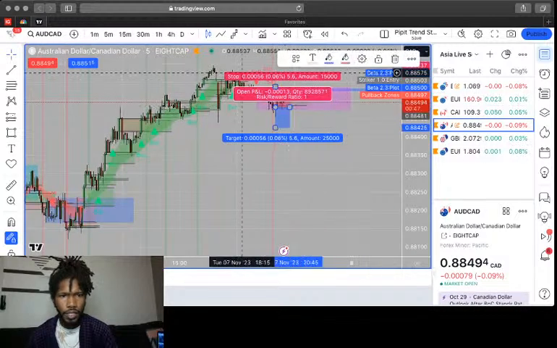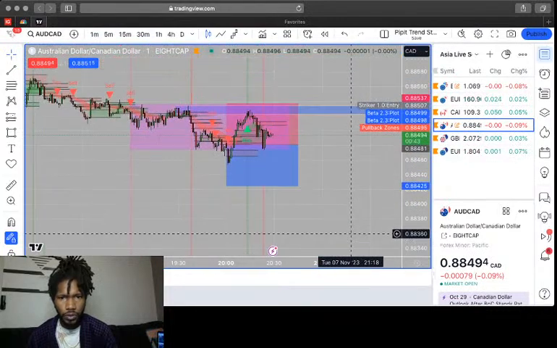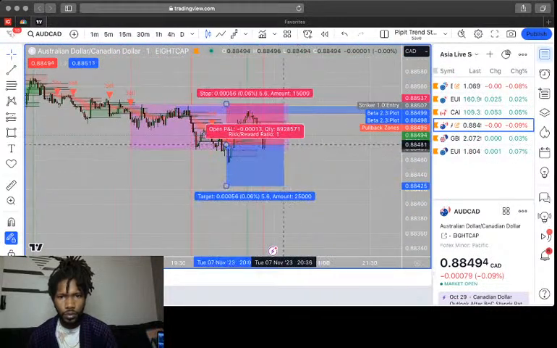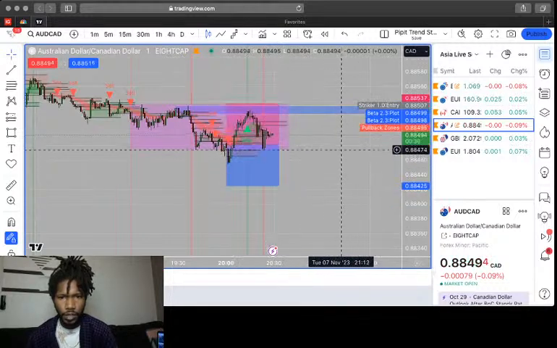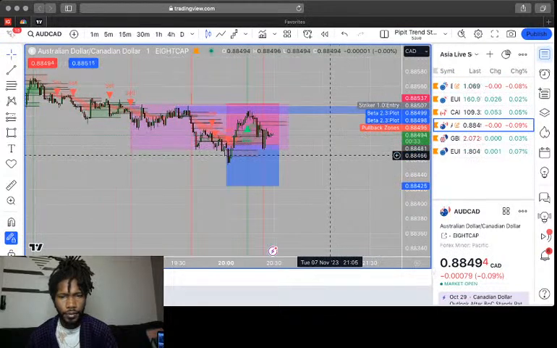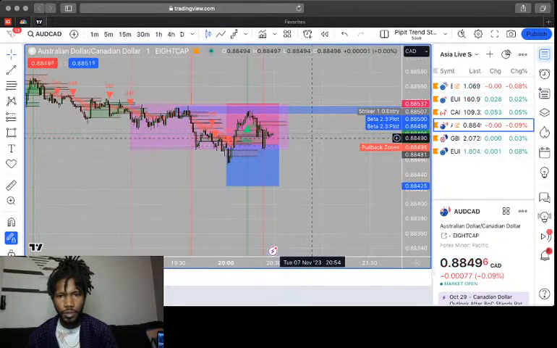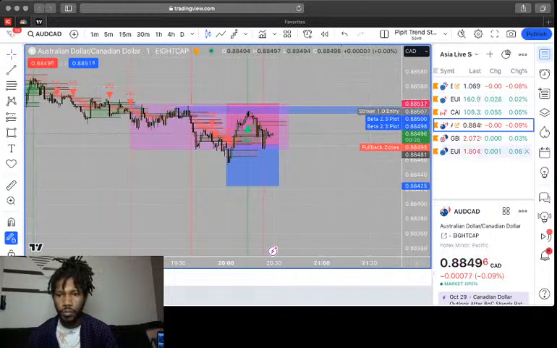I like how AJ is actually holding. It held at that zone. It's beautiful. Not too much of a fan of this impulse down and this immediate push back up. But hey, like I said, that could be a retracement to break these highs. So hey, it's 1/10 of a percent at risk. I'm willing to risk that.